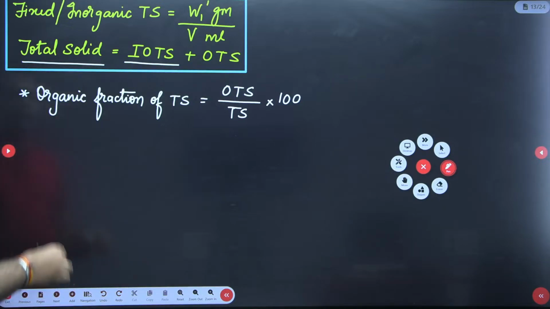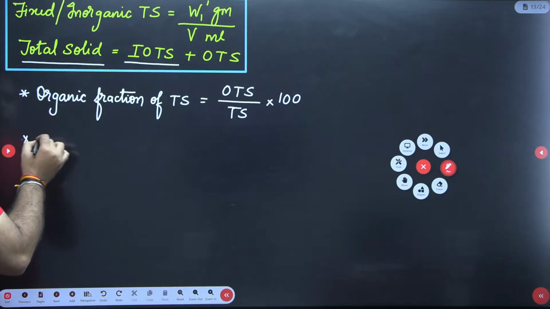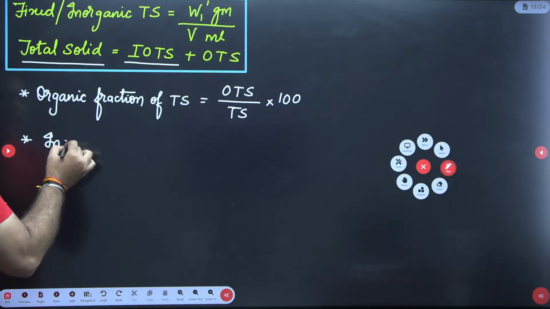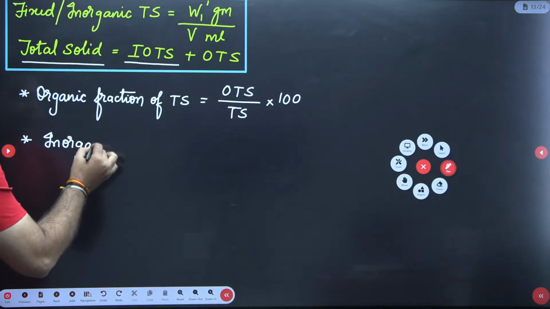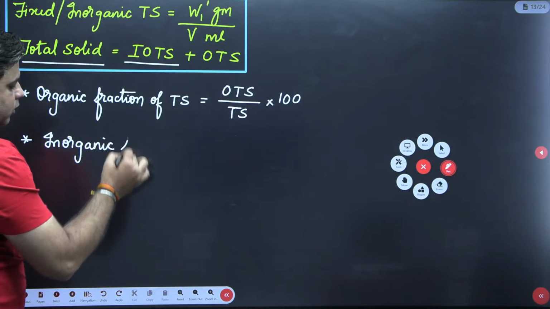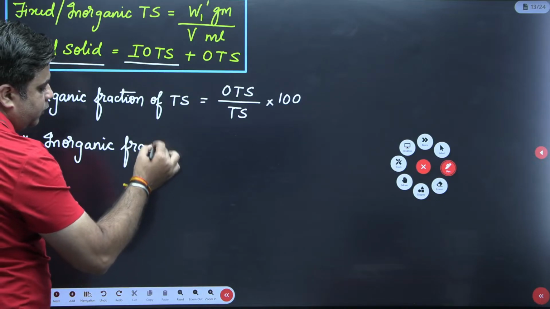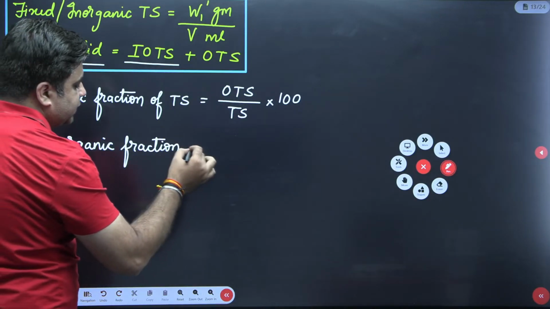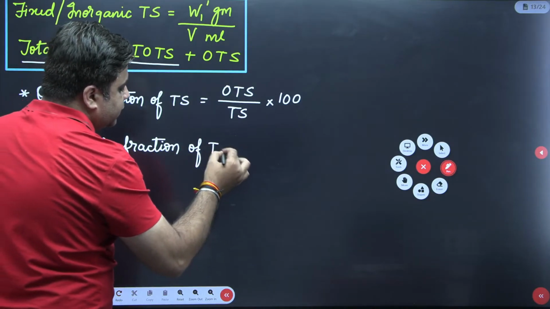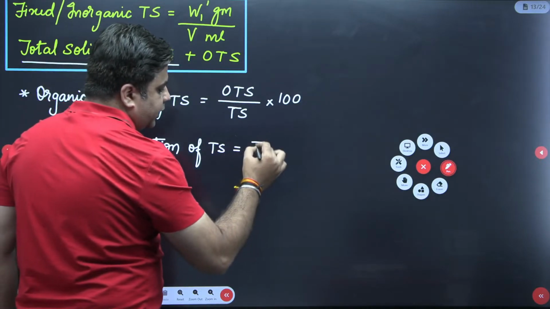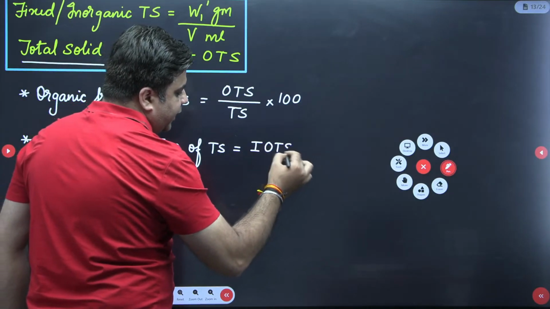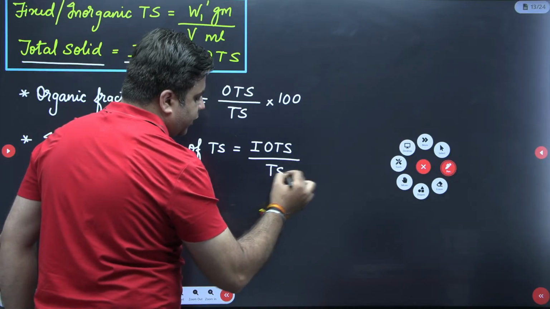From here only you can calculate the inorganic fraction of total solids. So inorganic fraction of total solids is equal to inorganic total solids divided by total solids into 100.